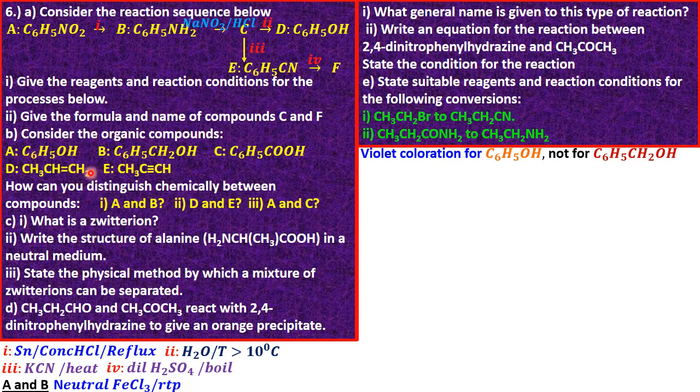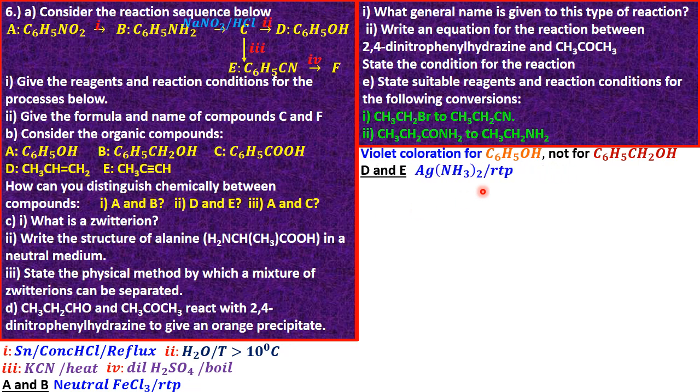Then the next, we distinguish between D and E. D is an alkene, that is propene. E, what, guys? E is propyne. The best way for us to do that, note that both of them will decolorize bromine water in the dark. So what we have to do now is to use the terminal alkyne test. For a terminal alkyne, we are going to use ammoniacal silver nitrate.